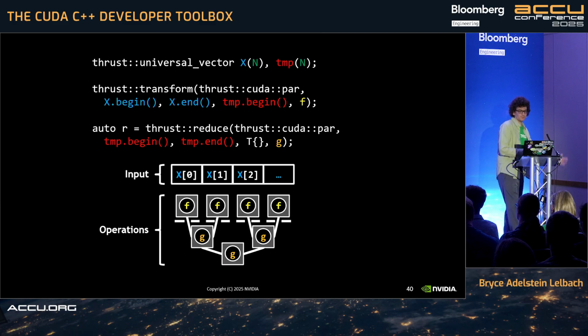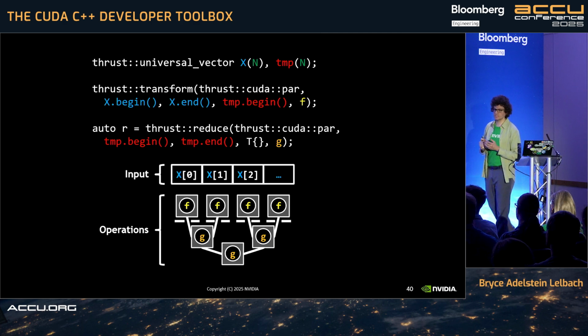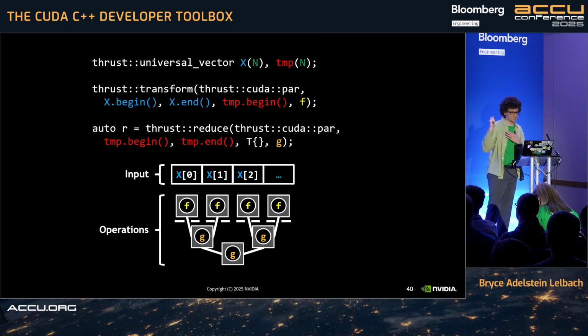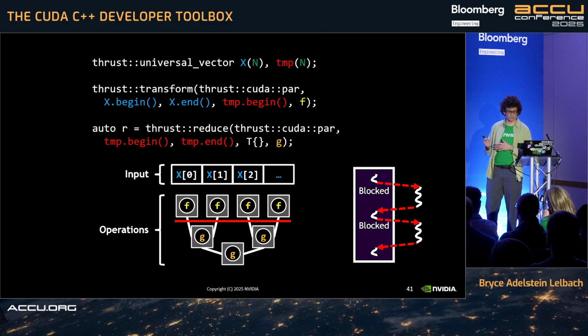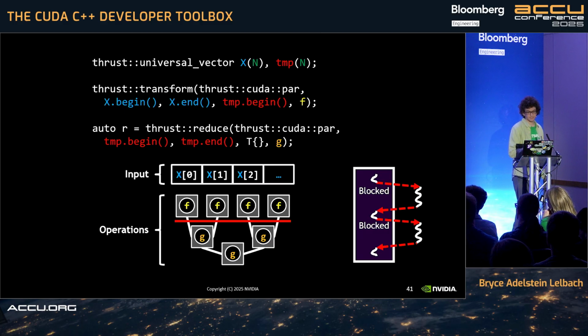Now, iterators can help fuse together operations into beefier and more efficient work. So suppose that we want to transform some data with one function f, and then reduce it with a reduction op g. There are two problems with this approach as shown here. By default, the Thrust algorithms are fork-join synchronous. So each invocation launches its work on the device and then blocks on the host until that work completes.